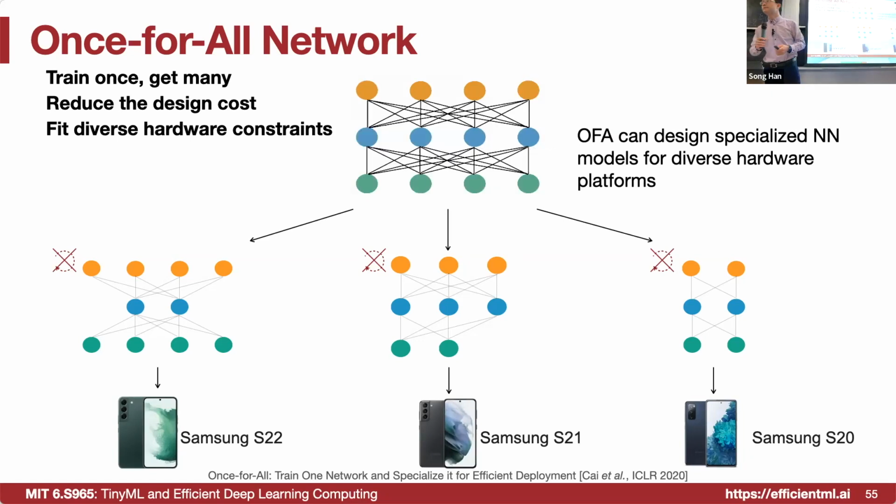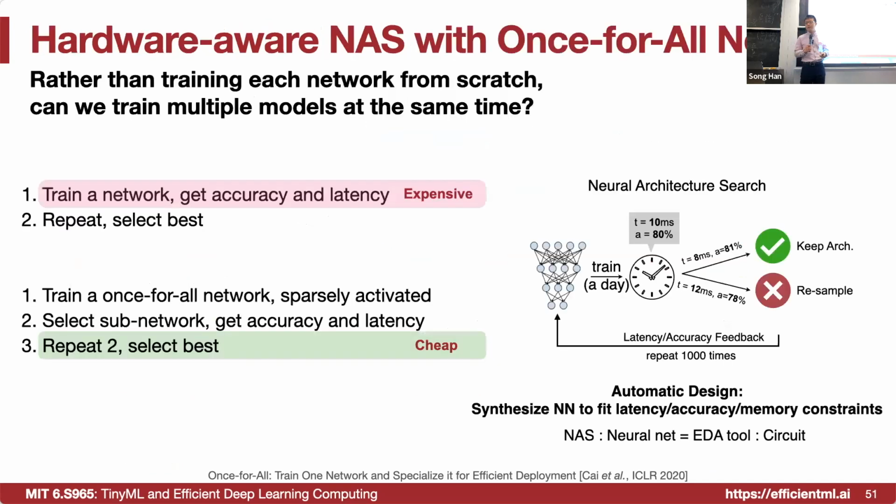How is the memory used to constrain the search within the subnet? Is it the same search going on, but if it violates the memory, it just returns infinity or something? Yeah, so the question is how do we fit a particular memory constraint. Here we have our target latency, accuracy, and also the memory constraint.